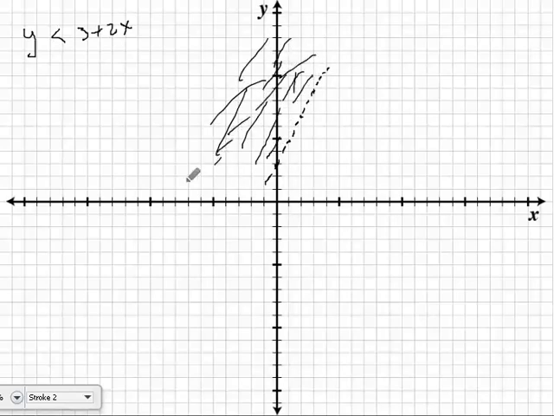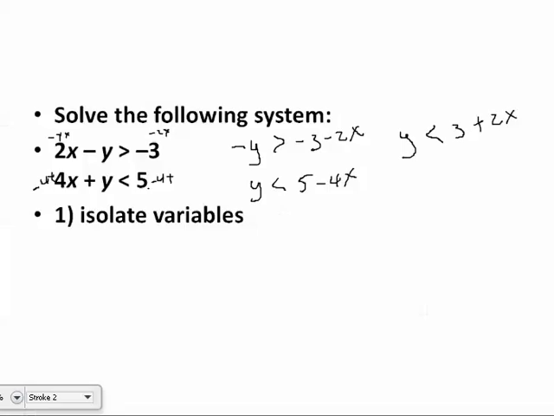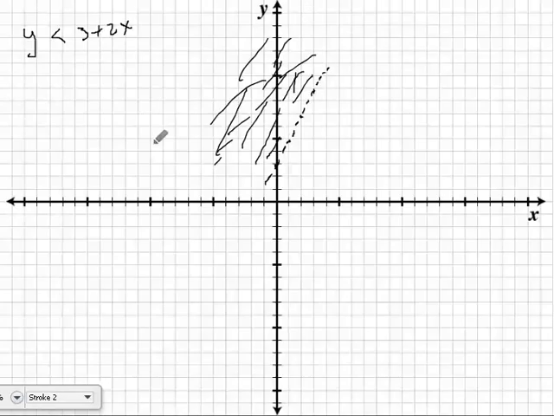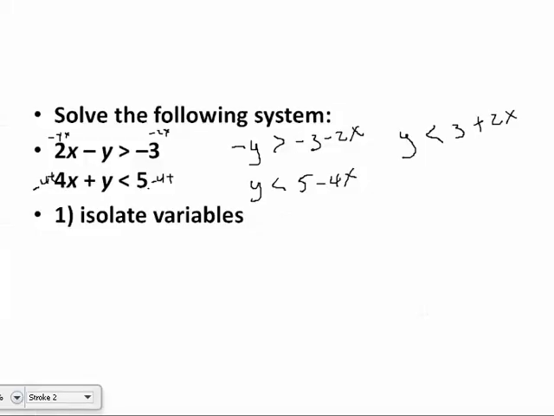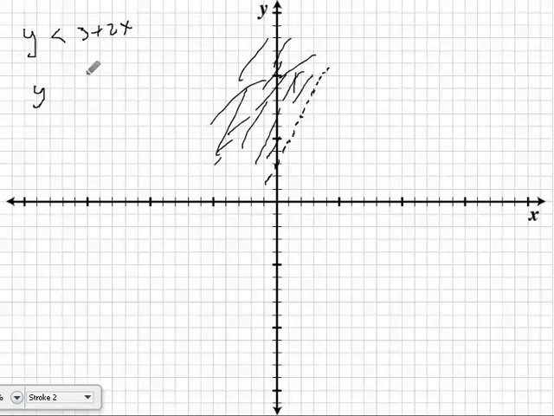Okay? So let's go back and look at our equations. We got y is less than 5 minus 4x. So I'm going to go up here to 5, that was at 3, 4, 5.